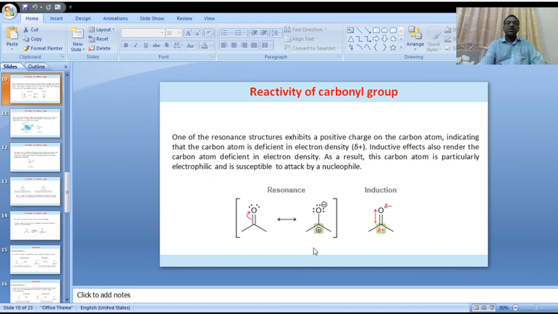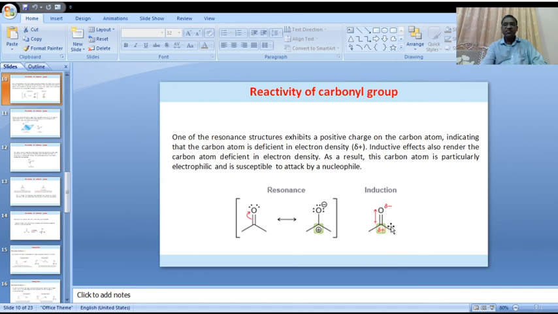Next, inductive effects also. We explained that based on resonance effect.